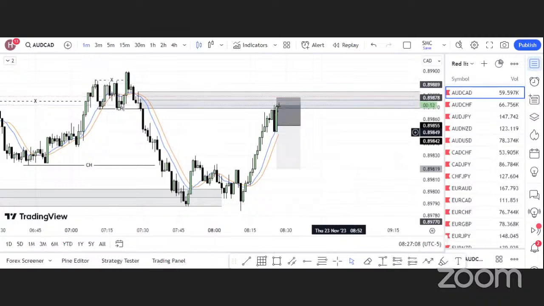If that goes above, then it's an invalid entry. We'll look for another entry opportunity, right?